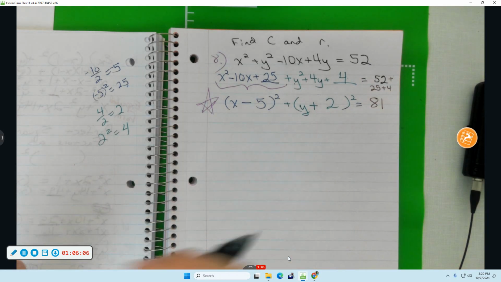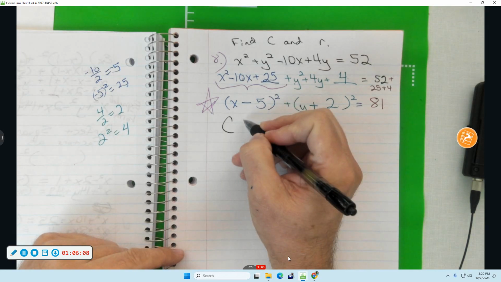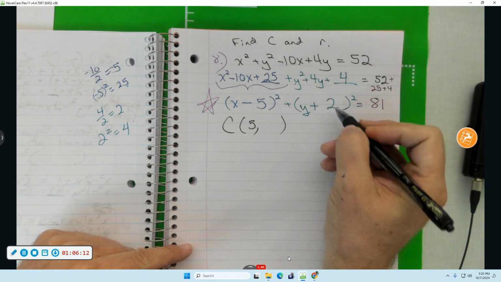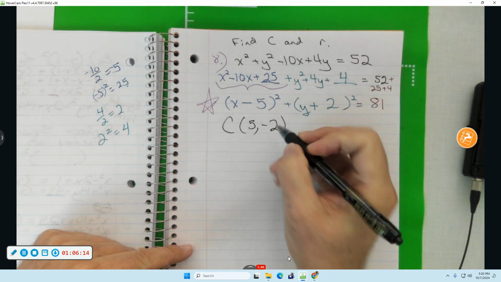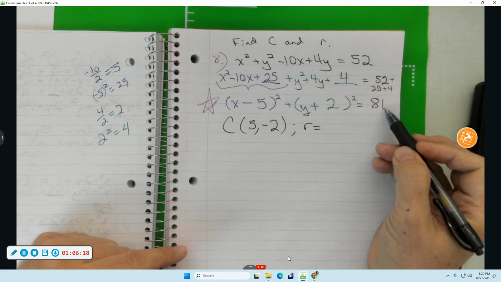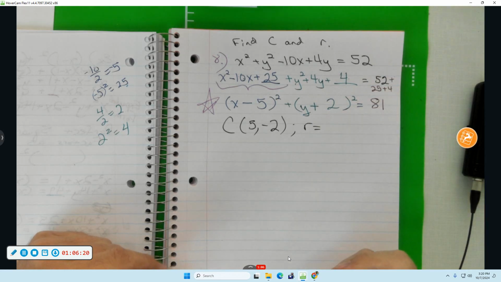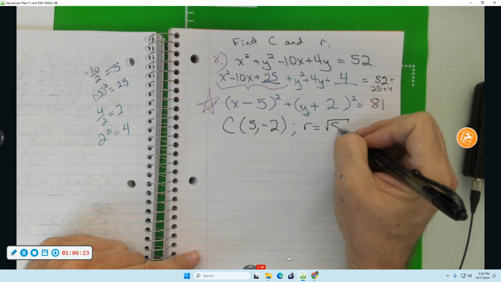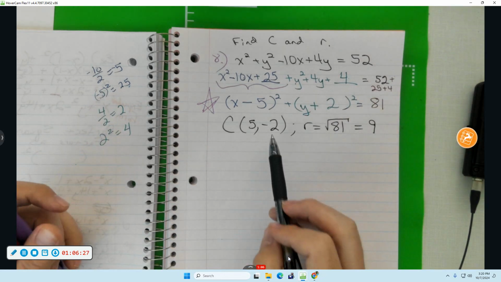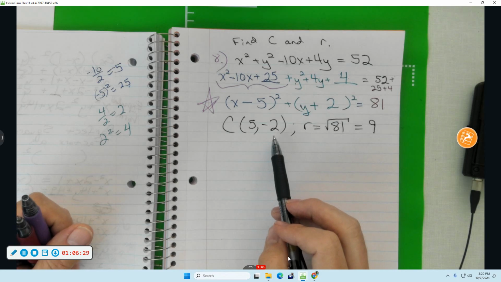What's the center? What's the radius? Okay, change sign and -2, change sign, I agree. What are we going to have to do to this number to get the radius? Take the square root of 81, which is 9. And the reason you wanted this is so you can draw the graph.